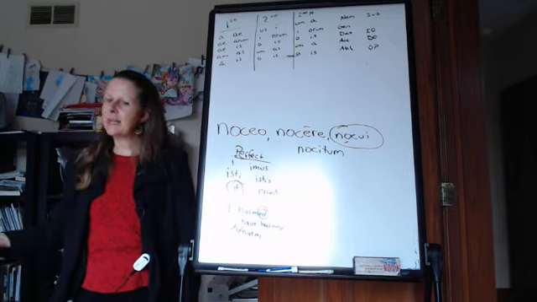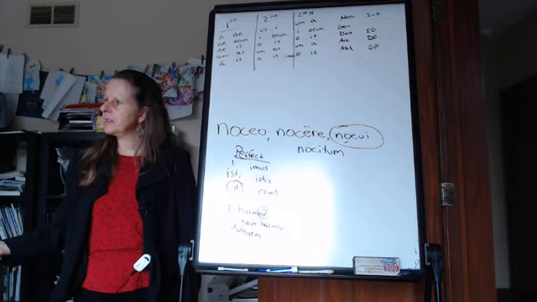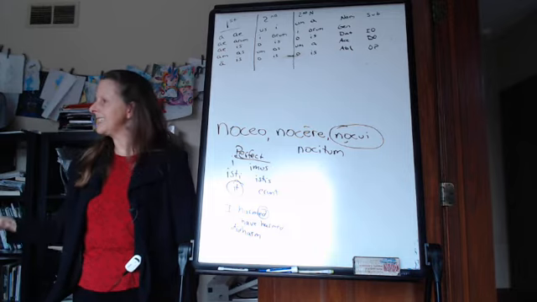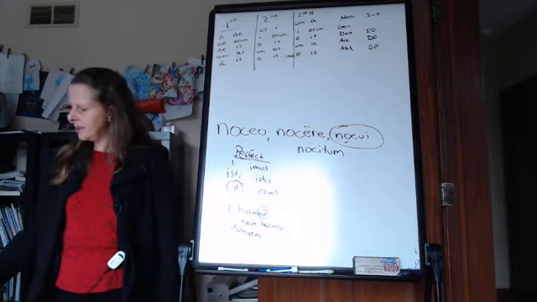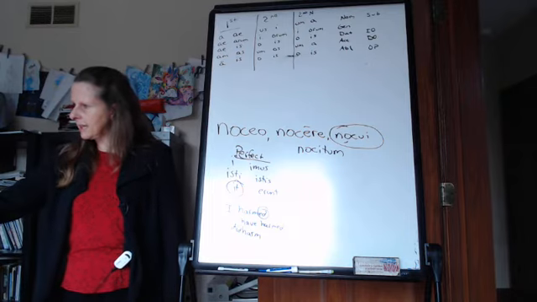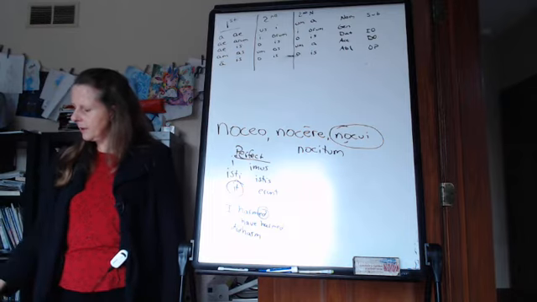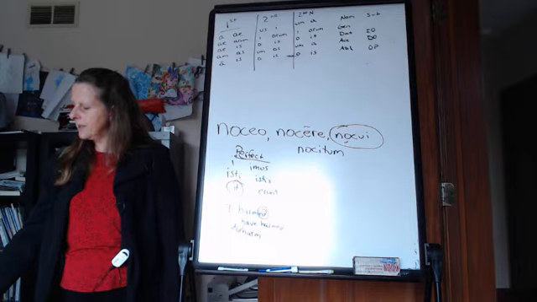That's what that little message in the parentheses tells you. That nocio takes a dative. So, I'm going to go back to the Latin and read from the beginning again. Because the son of the tyrant, Sextus Tarquinius, harmed the good woman Lucretia.